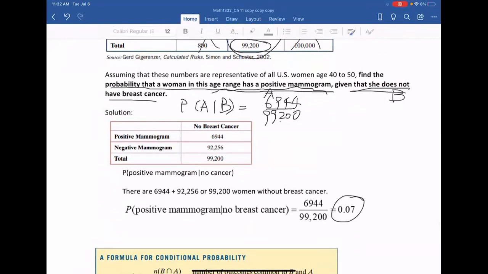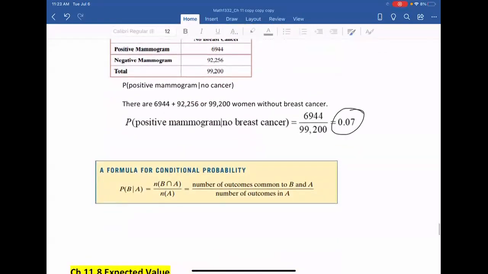So this part shows we can use the formula of conditional probability.